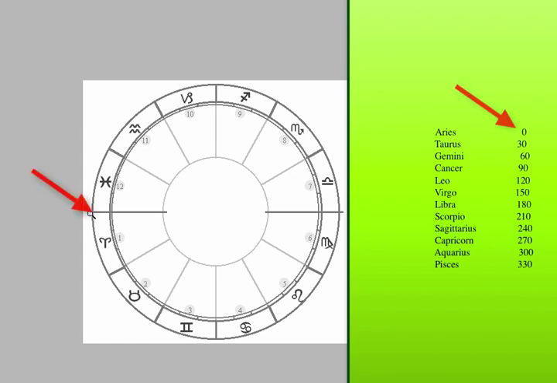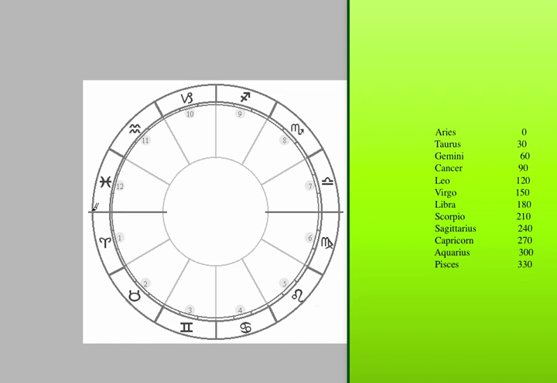Aries begins at 0, Taurus begins at 30, Gemini begins at 60, Cancer begins at 90, all the way around, adding 30 degrees per sign until we get to Pisces, which begins at 330. And it's a perfect match for the zodiac in this natural order.